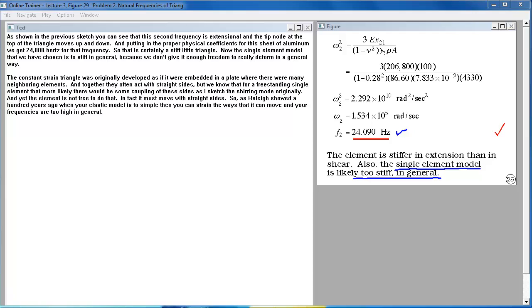But we know that for a freestanding single element, more likely there would be some cupping of these sides, as I sketched the shearing mode originally, and yet the element is not free to do that. In fact, it must move with straight sides. So as Rayleigh showed 100 years ago, when your elastic model is too simple, then you constrain the ways that it can move and your frequencies are too high in general.